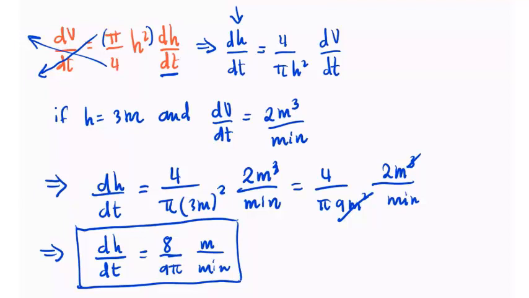This is the velocity at which the height of the level of the water is rising when the water is 3 meters deep.